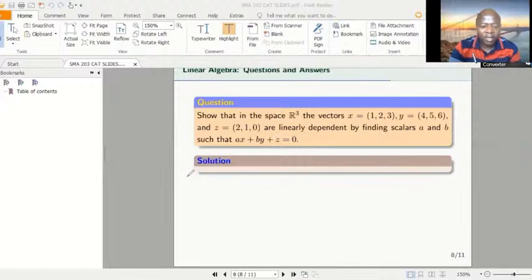So let's begin by saying let a, b, and c be real numbers.